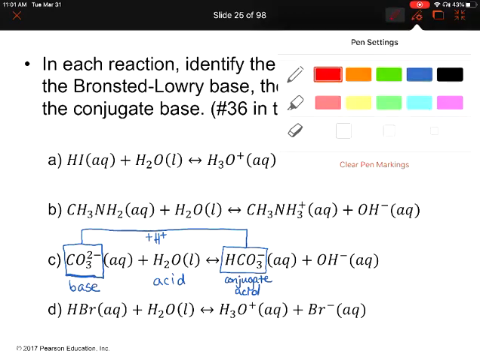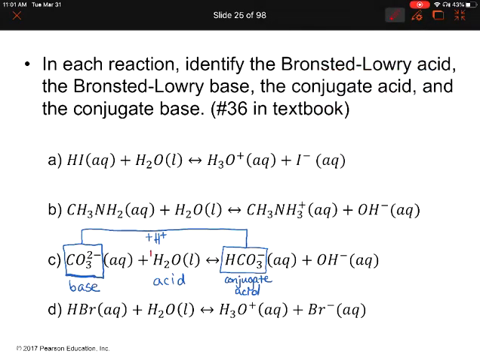Okay, and then water, again, pairs up with OH-. And because water is acting as an acid, it's going to lose a hydrogen, and the product will be the conjugate base.